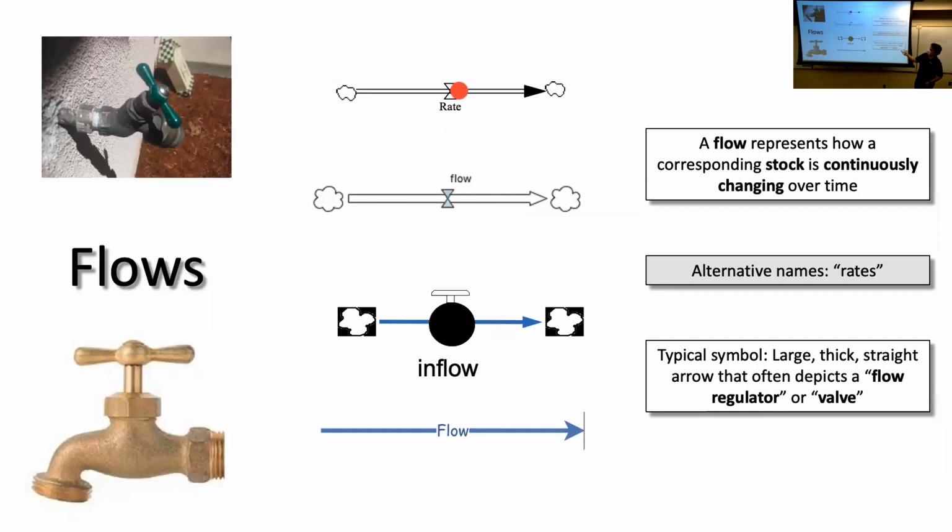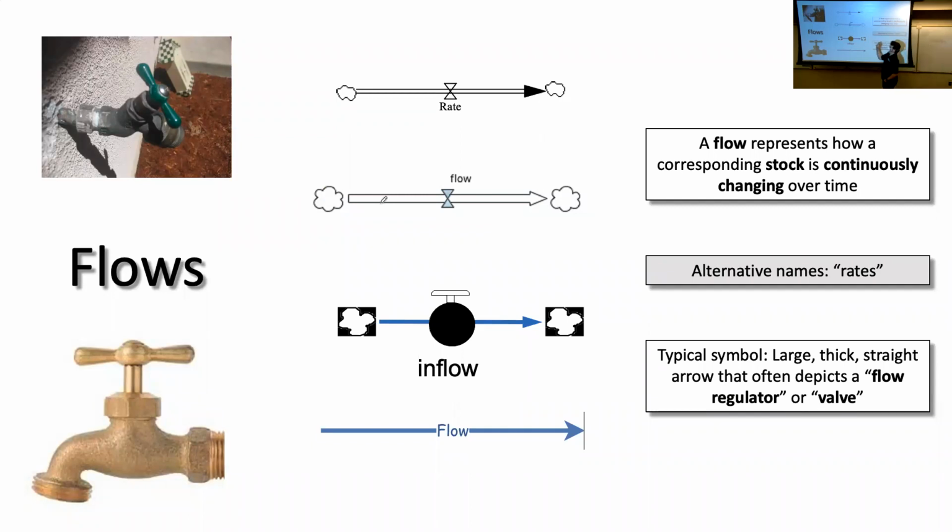Here's what they look like in Vensim. Here, again, is what they look like in AnyLogic. This is what they look like in Stella, and this is what they look like in Insight Maker. Insight Maker doesn't have the little valve, but it has this thick symbol here. Sometimes they have a little cloud if the flow isn't connected to a stock on that end.